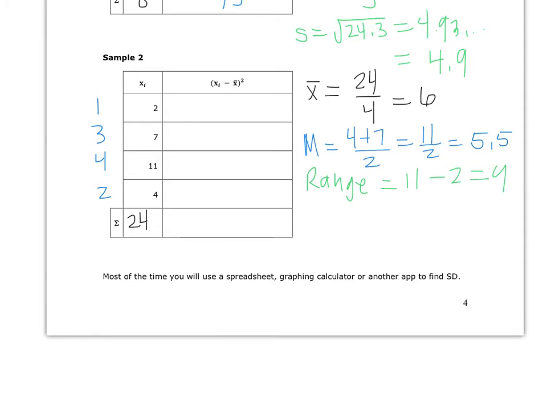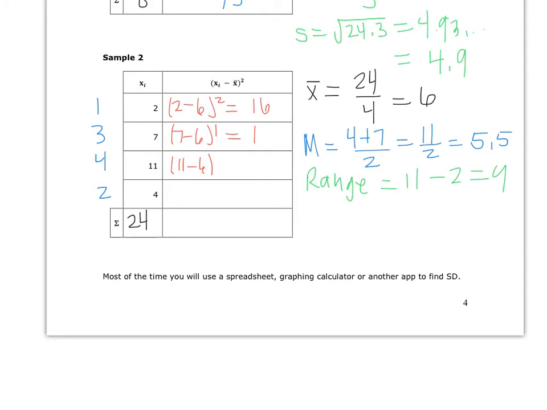Okay, now we want to get to work on variance and standard deviation. So 2 minus 6, square that. So we're going to end up with a negative 4 squared, so 16. 7 minus 6, which is a 1 squared, so that's a 1. 11 minus 6.